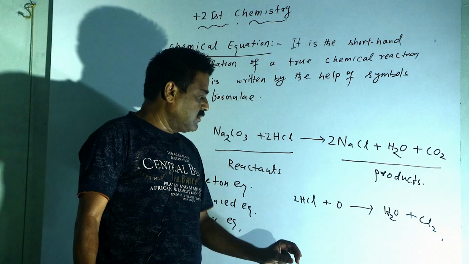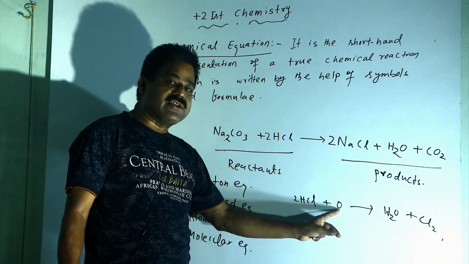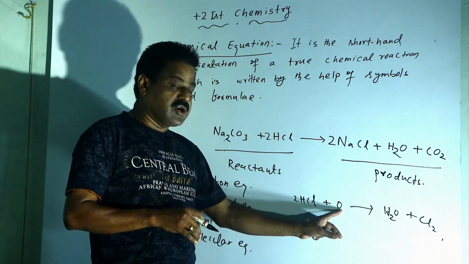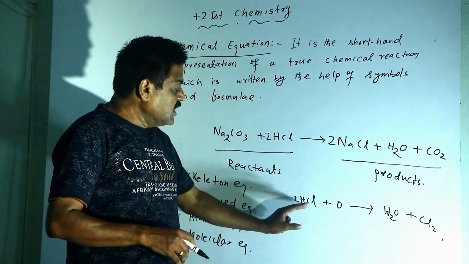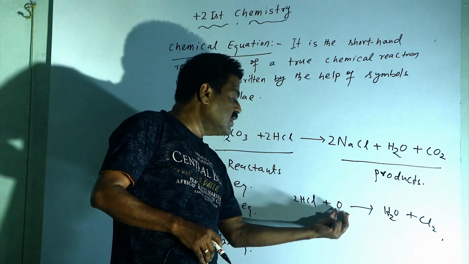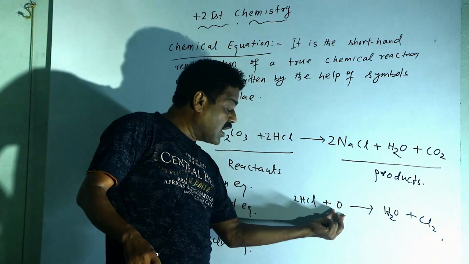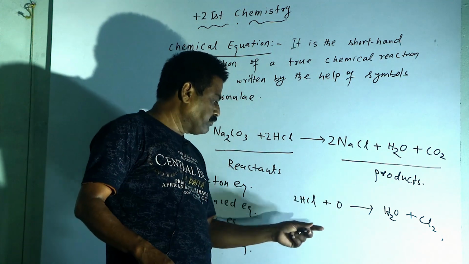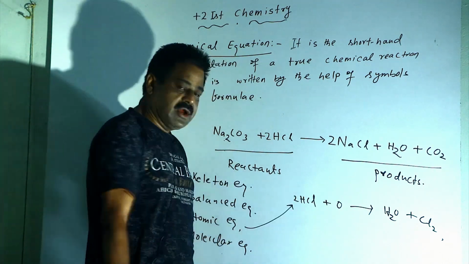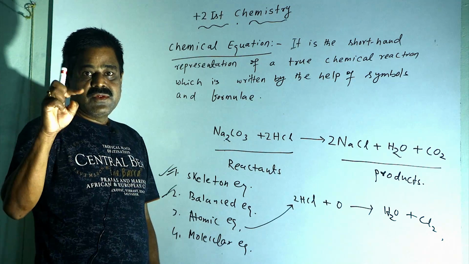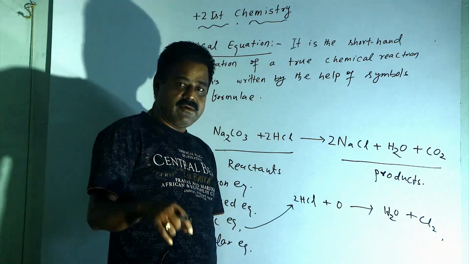Here it is said hydrochloric acid when oxidized, means is added with atomic oxygen, then you get water and chlorine. In this equation, oxygen is in the atomic form, but its actual form is molecular. It is written in atomic form. Therefore, this equation is said to be an atomic equation because the atom is involved in the reaction, not the molecule.